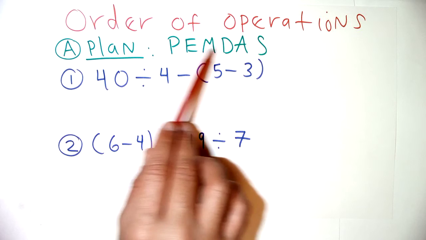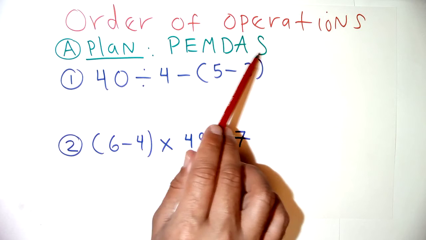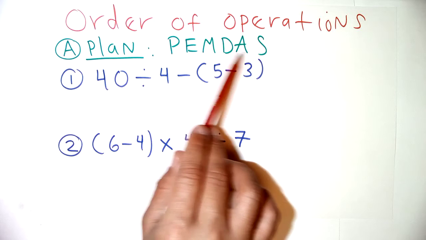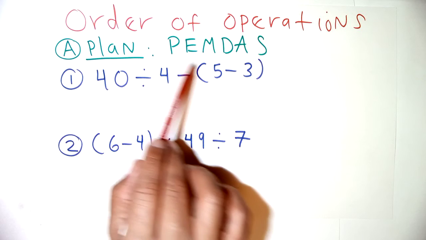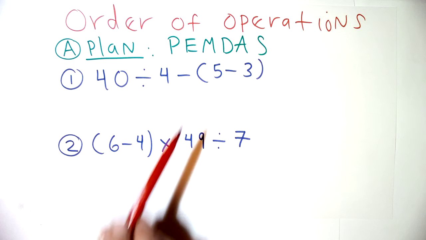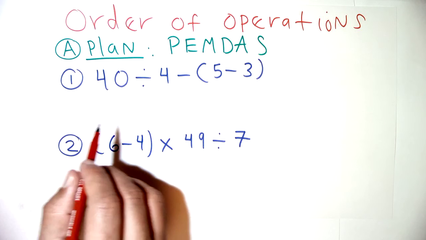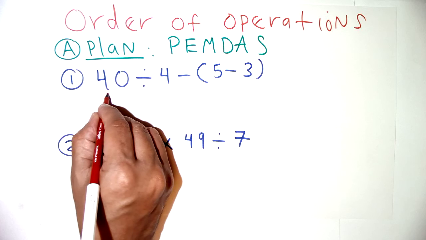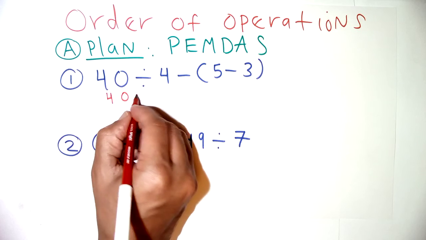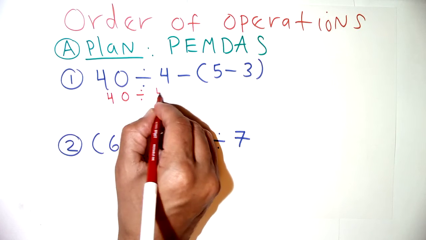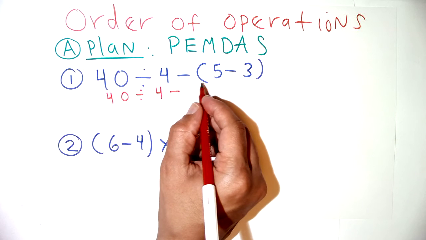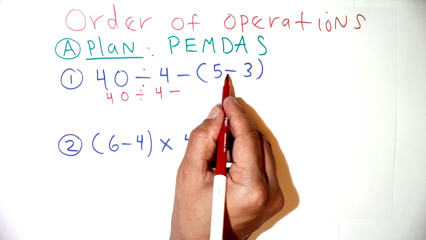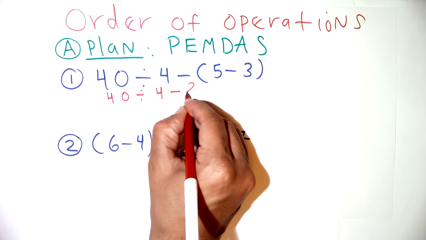If you go to the plan, which one goes first in that order? Clearly it's going to be the parentheses, the group. So I'm going to do it step by step and keep everything else. So you have 40 divided by 4 minus, now inside the parentheses, what is 5 take away 3? It's 2.